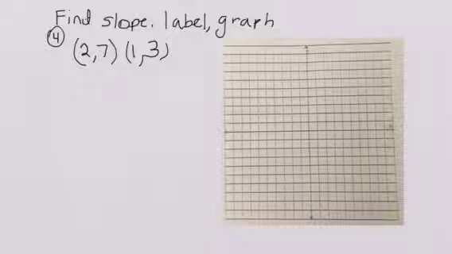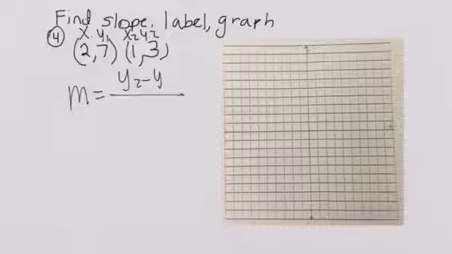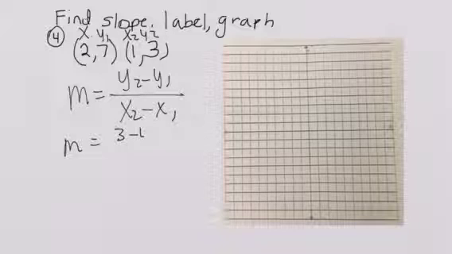Find the slope and label the graph. So this is x1, y1, x2, y2. M is equal to y2 minus y1 over x2 minus x1. M is equal to 3 minus 7 and 1 minus 2.